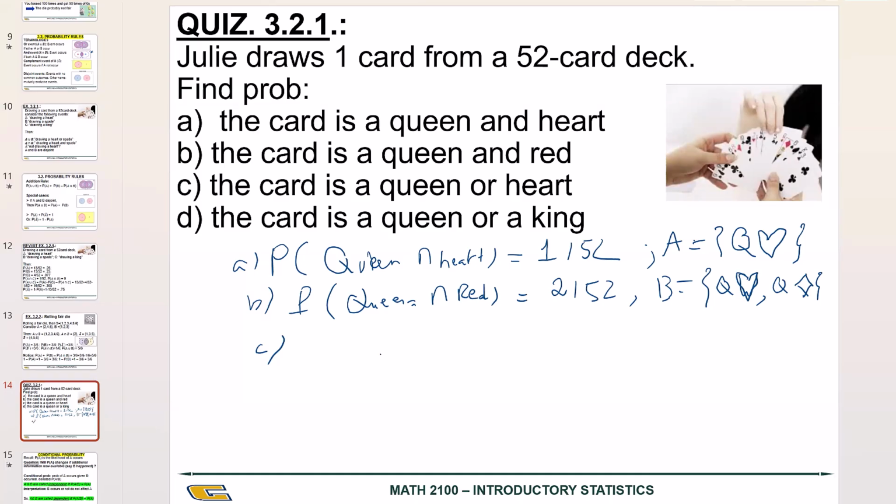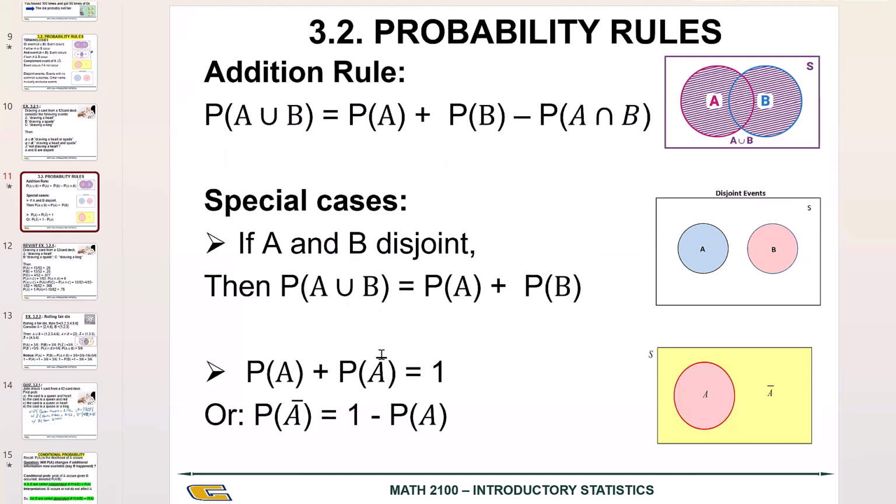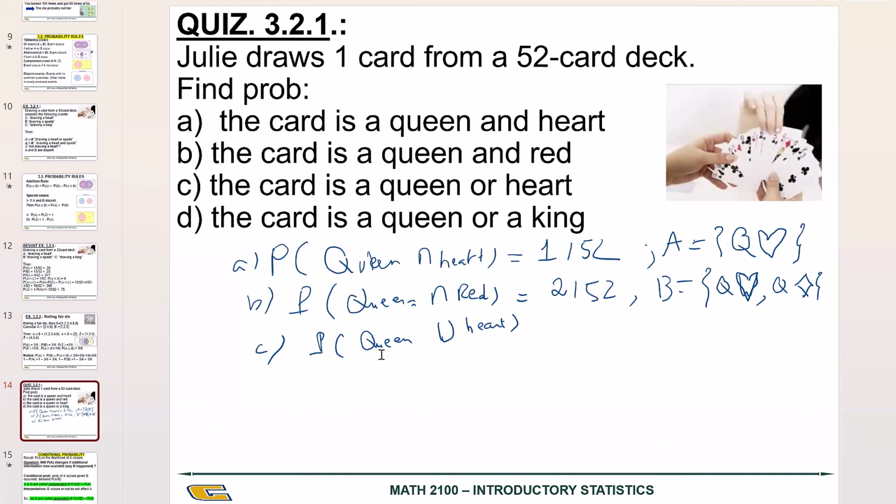Queen or heart. For sure you can list it if you want. But here I will use the addition rule, because I believe it gives me a faster track compared to listing all the events here. With queen or heart, it will not be efficient if you list it.